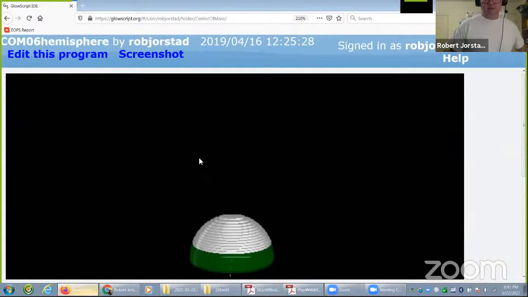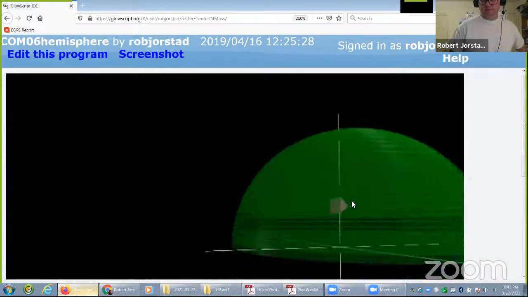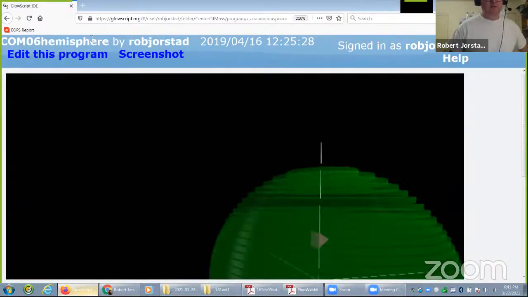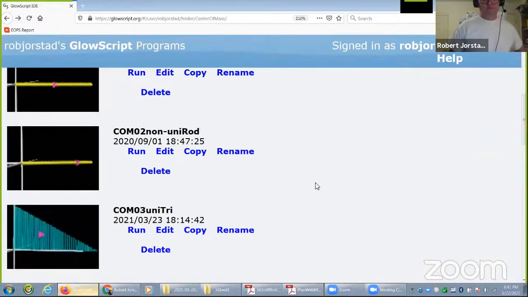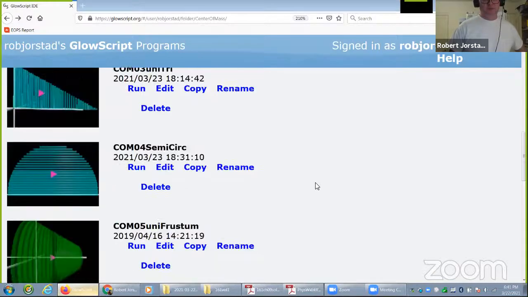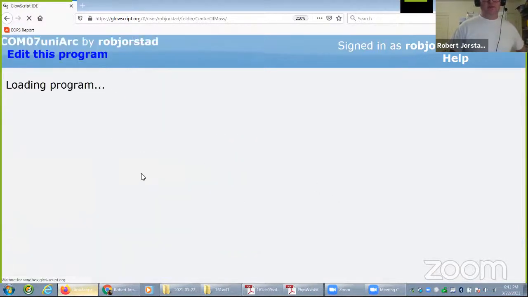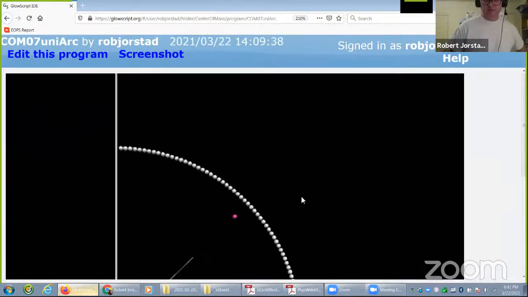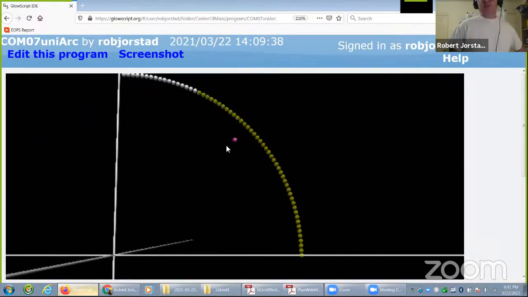That's kind of cool too, if you're curious. Where's that arc? Oh, there it is. I think I clicked the wrong button. There it is. So notice the center of mass is actually inside the arc.